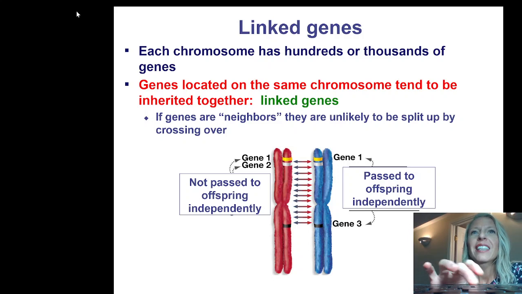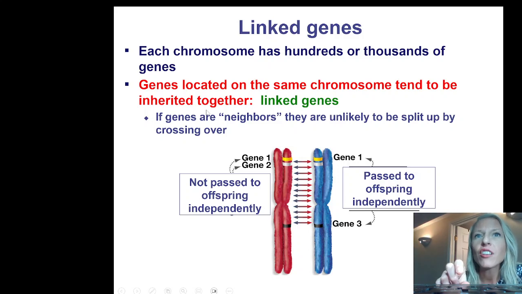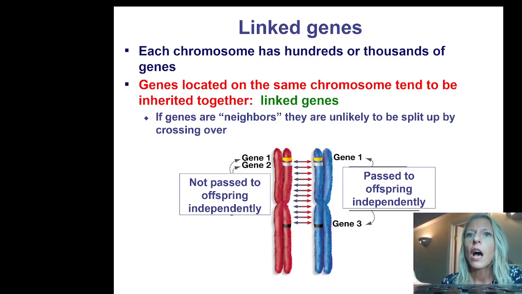So linked genes, okay? Each chromosome has hundreds or thousands of genes, and genes on the same chromosome tend to be inherited together. If genes are neighbors, they are unlikely to be split up by crossing over. If they are further apart, they are more likely to be split up by crossing over.